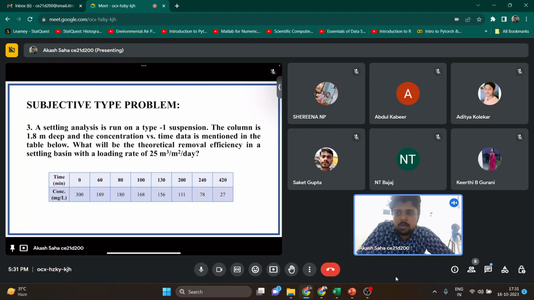The column is 1.8 meter deep and the concentration versus time data is mentioned in the table below. What will be the theoretical removal efficiency in the settling basin with a loading rate of 25 meter cube per meter square per day?